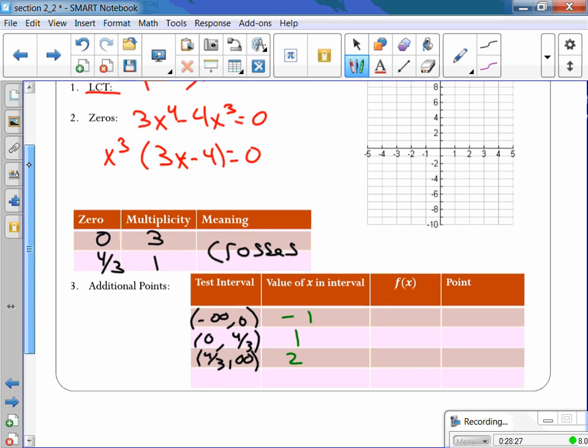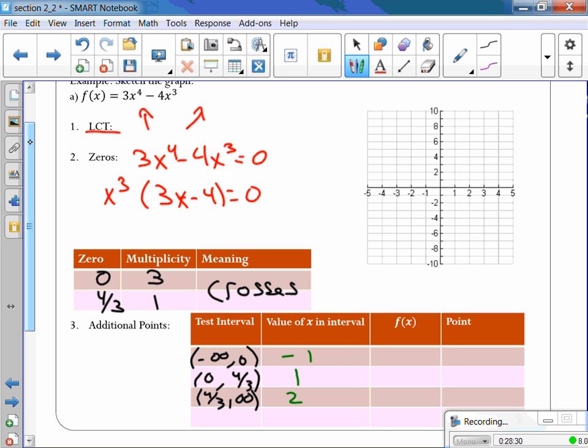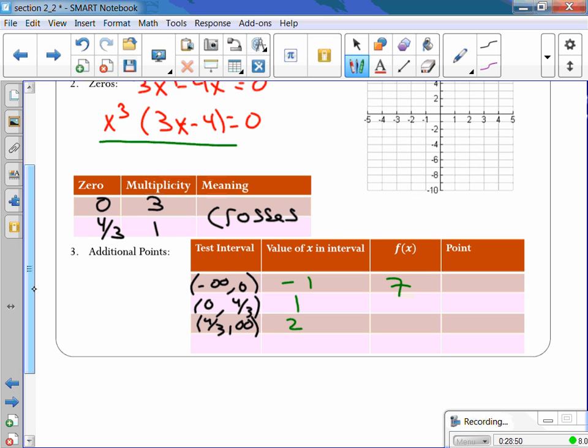We just factored it out. So either way, when we use negative 1, what do we come up with? 7. Positive 1? Negative 2? And for the last interval? This is right.